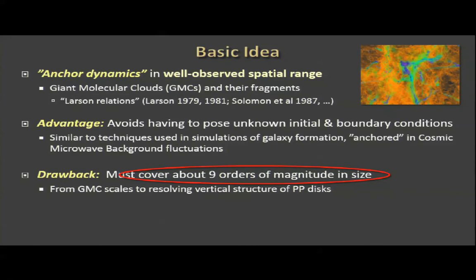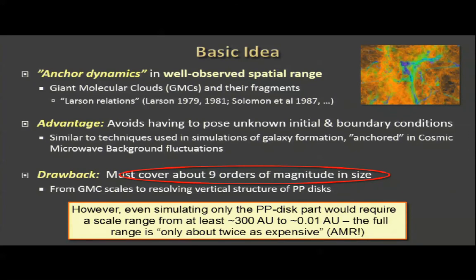The drawback is that you must cover about 9 orders of magnitude in size, from GMC scales to resolving the vertical structure of disks. It's not so much you have to go close to the star, but you have to resolve the vertical structure of a cold disk, okay? And the cold disk is very thin.